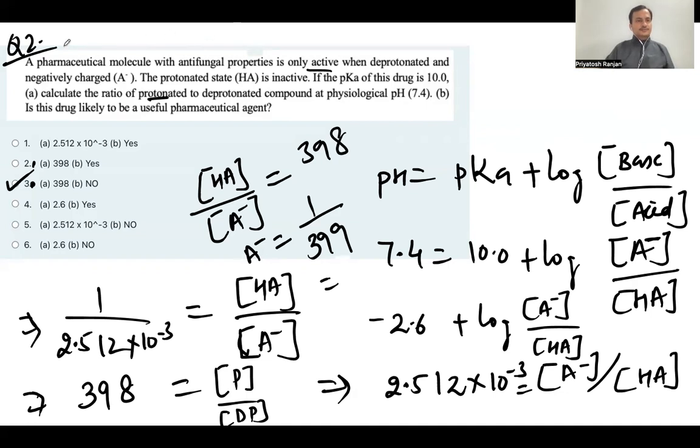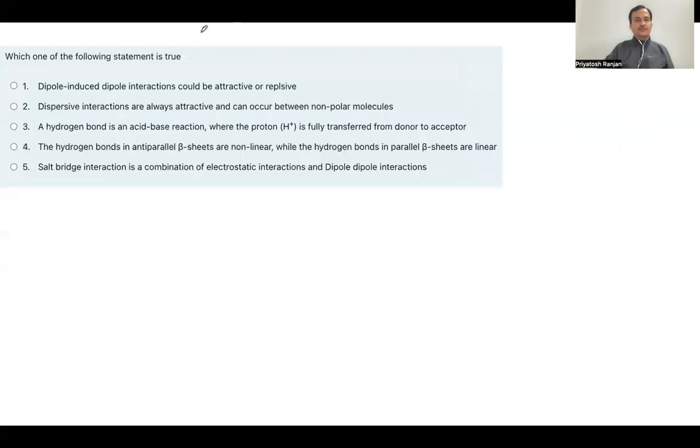Third question, which one of the following statements is true? The first one is dipole-induced dipole interactions could be attractive or repulsive. Remember, if I'm talking about the dipole-induced dipole, I need to have the dipole. Let's consider a dipole, HCl, coming in close contact with a non-polar molecule. Let's consider argon.